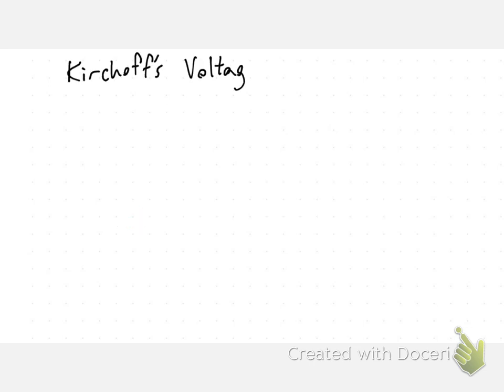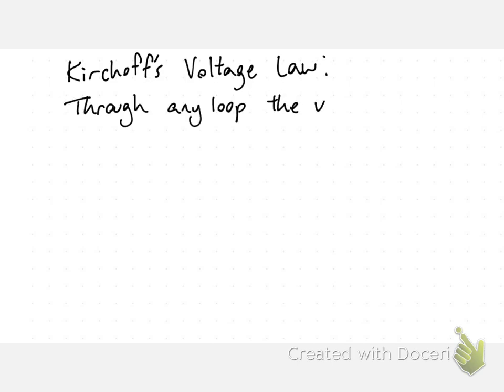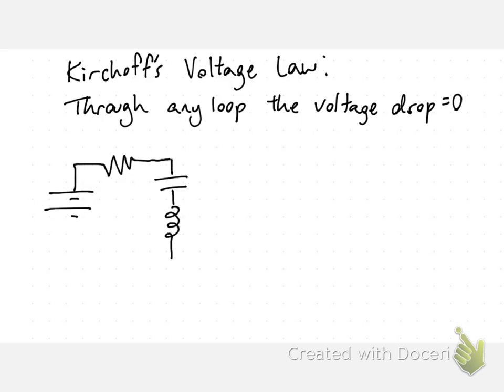For Kirchhoff's voltage law, we have that through any loop, the voltage drop will be equal to 0. Let's say we have a simple loop with all three elements. It's going to have a voltage in of E in, a resistor, a capacitor, and an inductor.